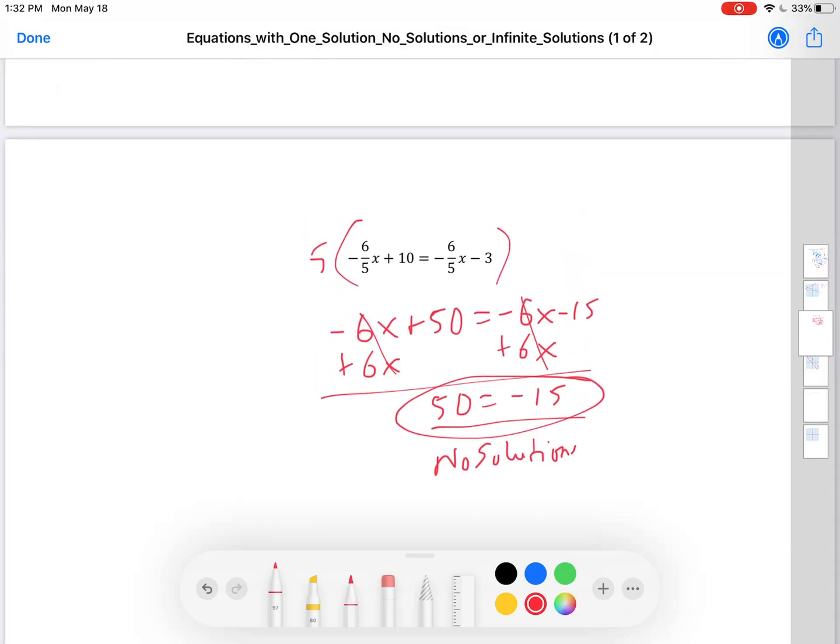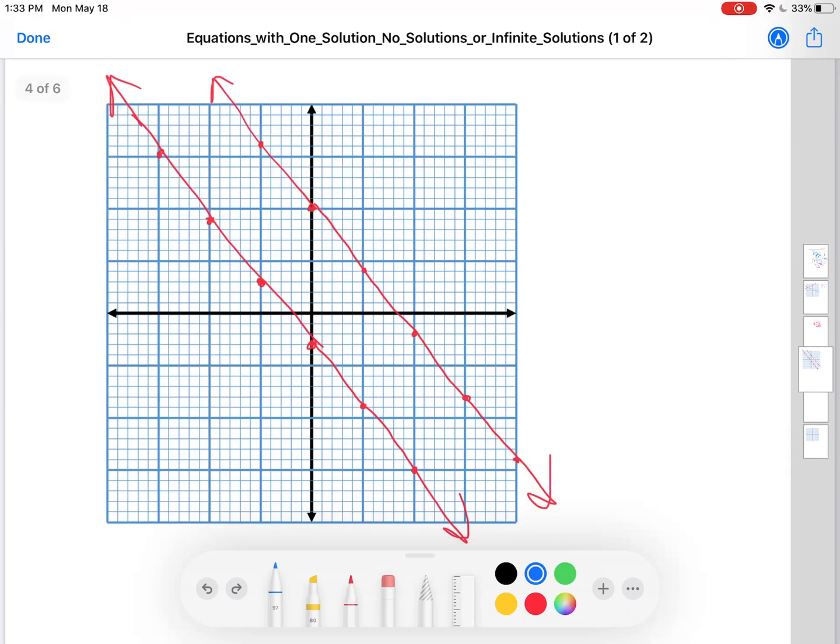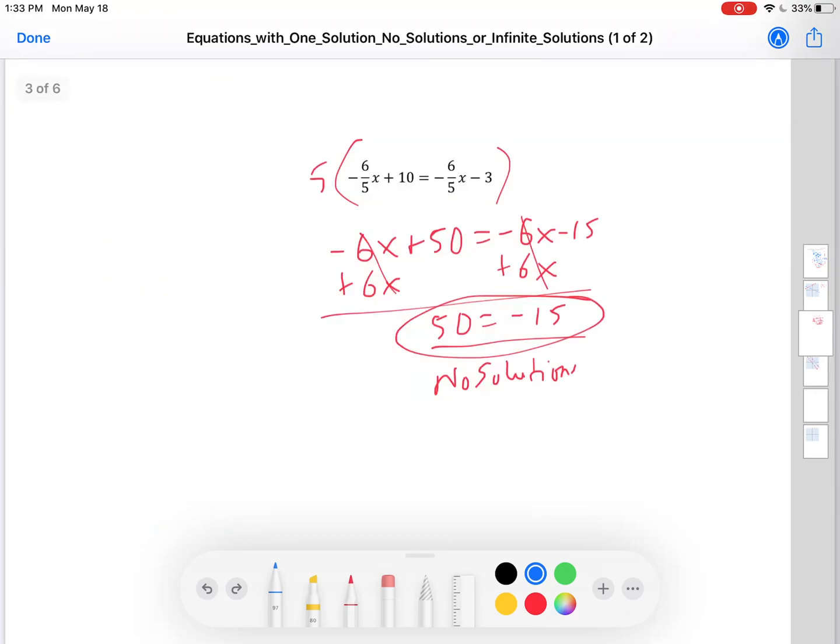Look at this equation. The slope of this side is negative 6/5. The slope on this side is negative 6/5. They have the same slope. When they have the same slope, they might be parallel. They're going in the same direction, which means the lines are going to be parallel.